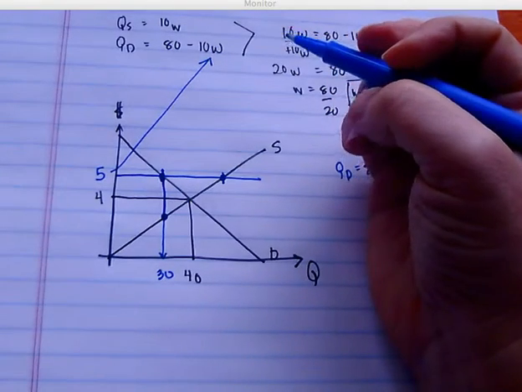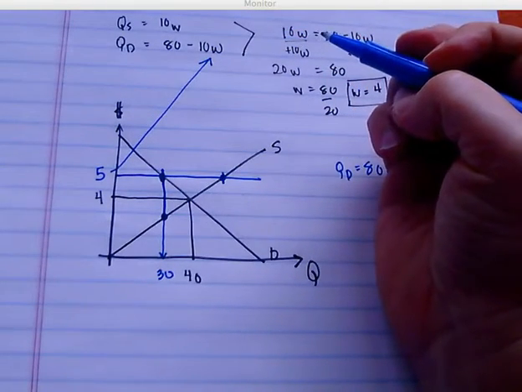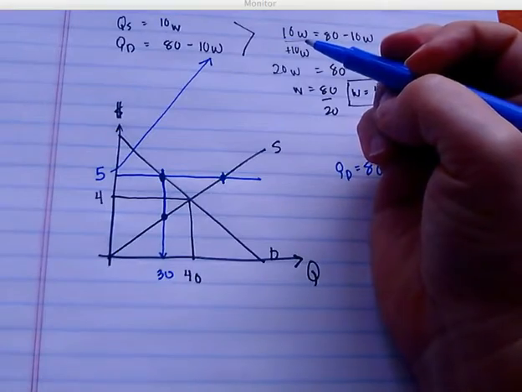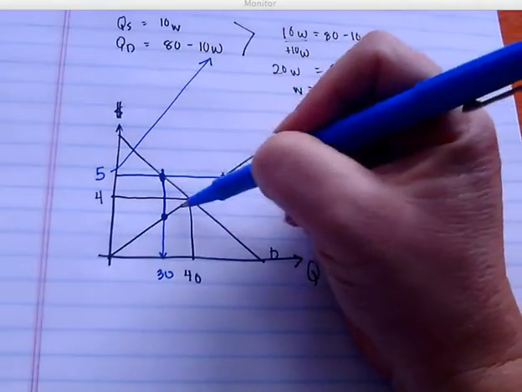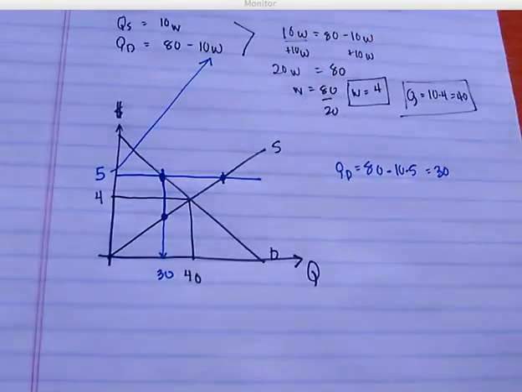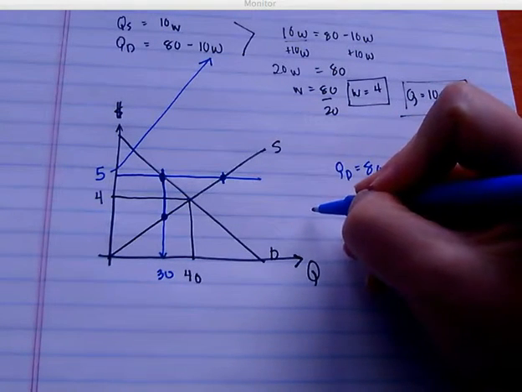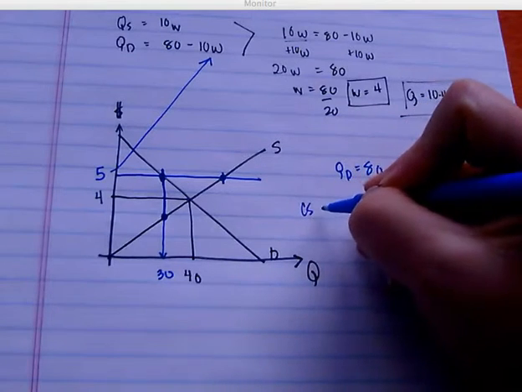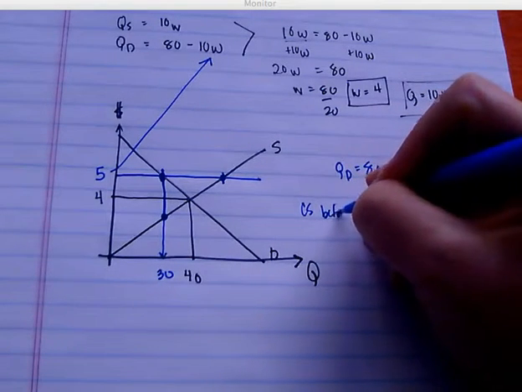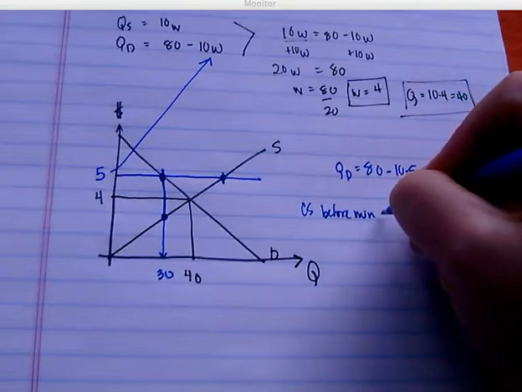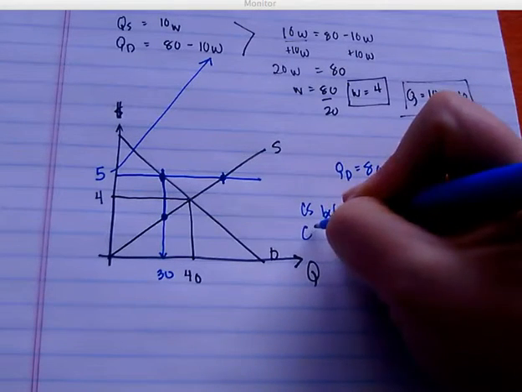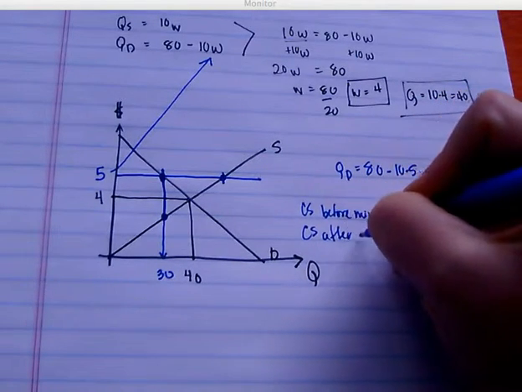If we want to think about what that does to employer surplus, we really just want to think about the difference between employer surplus before and after. So employer surplus, which is really the same as consumer surplus in this situation. So we have consumer surplus before minimum wage and consumer surplus after minimum wage.